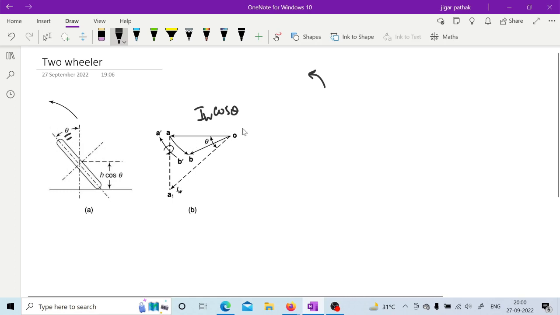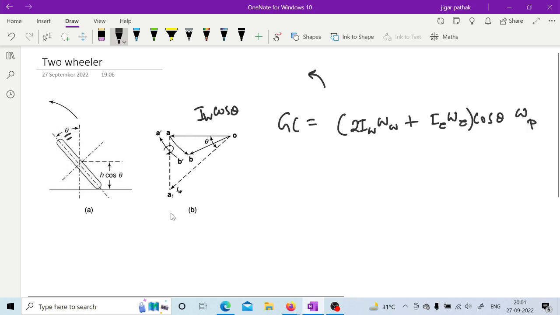So here I w cos theta is, as I have discussed, the component which is on the axis of spin. If you write the gyroscopic couple for this two-wheeler, then you have two wheels, so for the two wheels it is I omega w, and one is for the engine parts. As we have seen, the cos theta of this component will be considered, and then you will have some omega p about the precession axis.